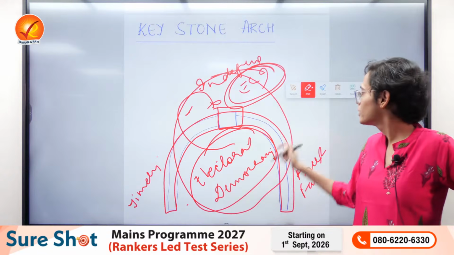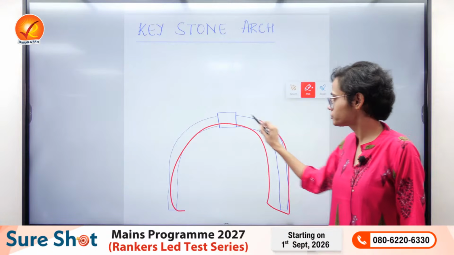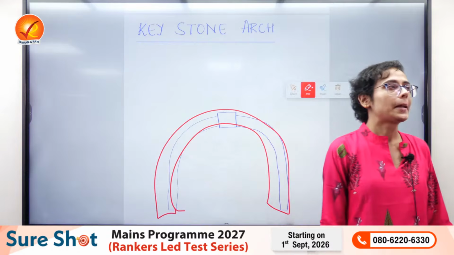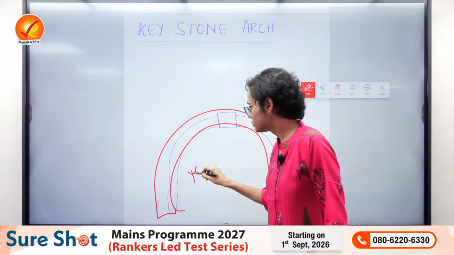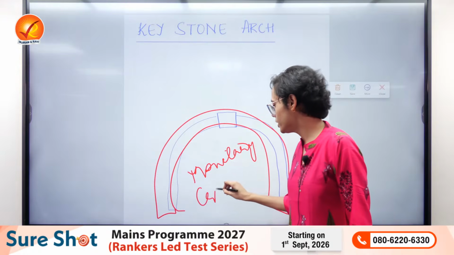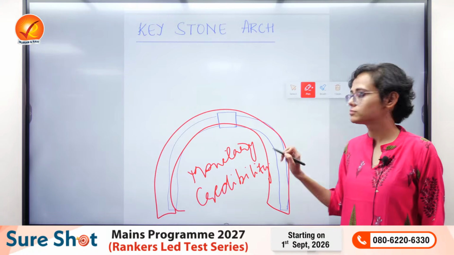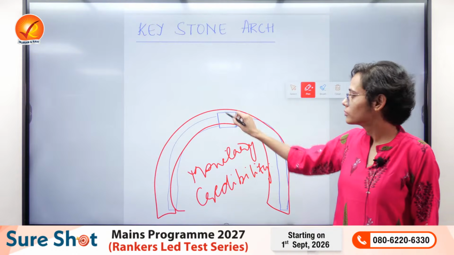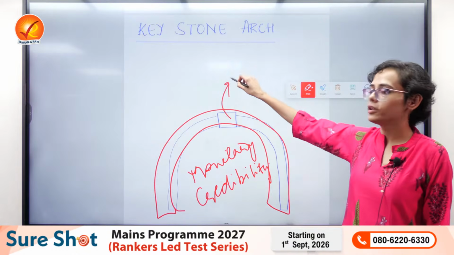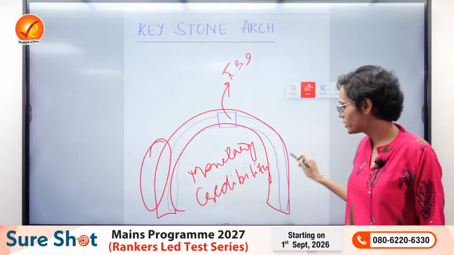Okay, let's take one more example. Monetary credibility. RBI. Any two keywords that you think are important, just mention them.